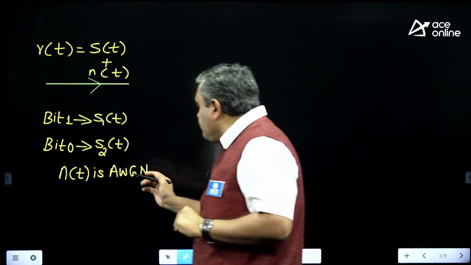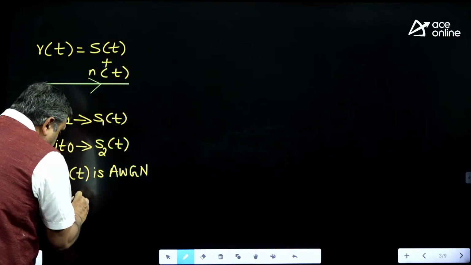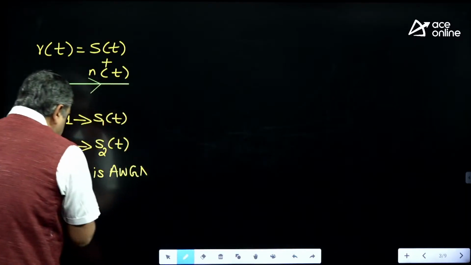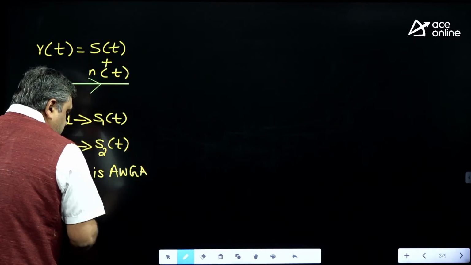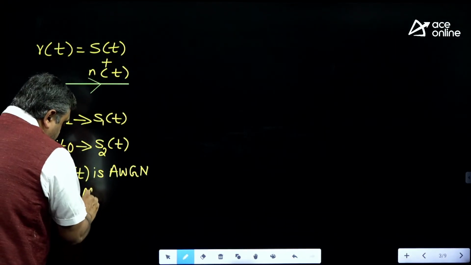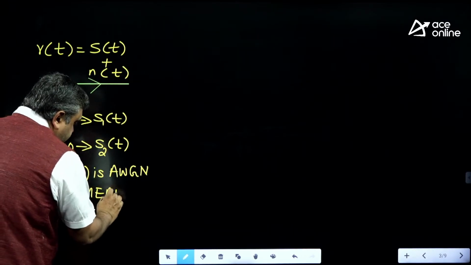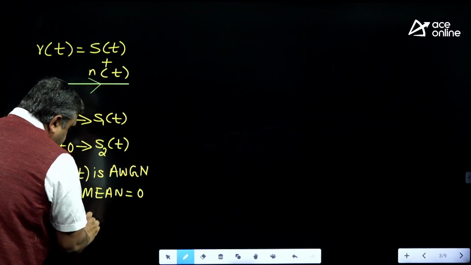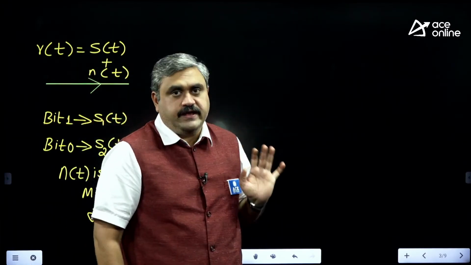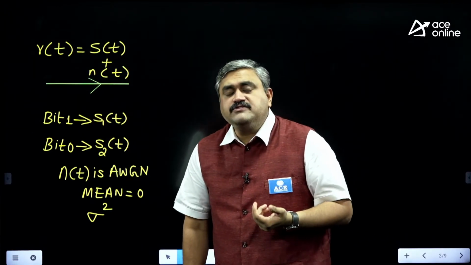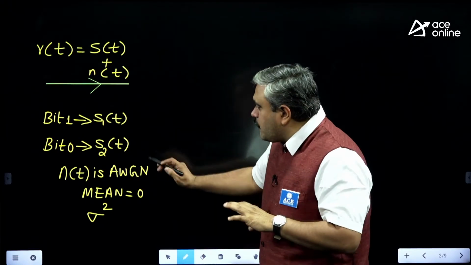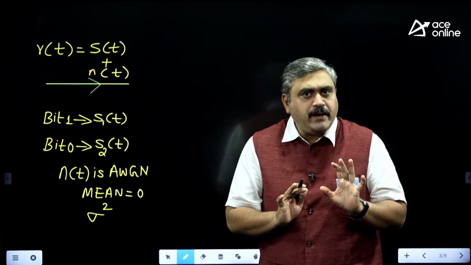Now, whenever you take this, the mean value or expectation is taken as 0. So the mean value of additive white Gaussian noise is 0, and it has a variance sigma square. This is a general assumption that we take, because the channel that we are considering here is completely a free space channel. Free space channels are modeled using this part. I hope my points are clear.